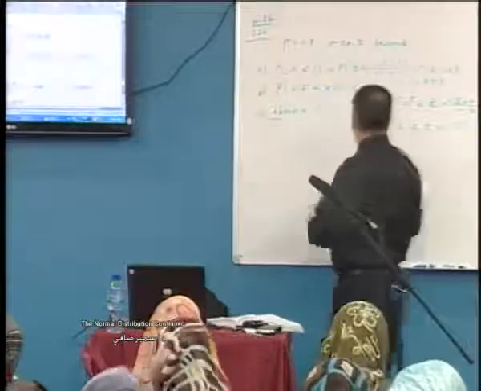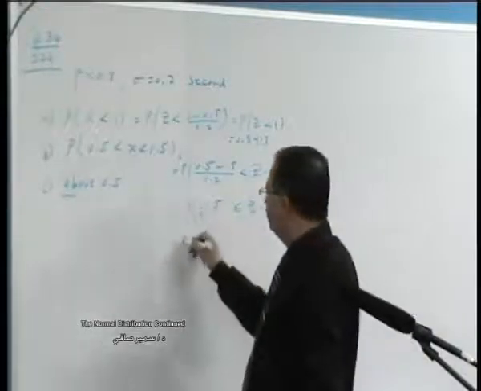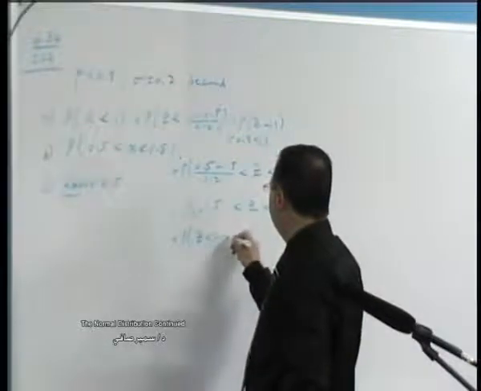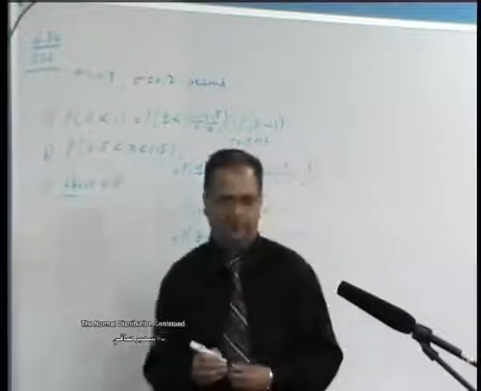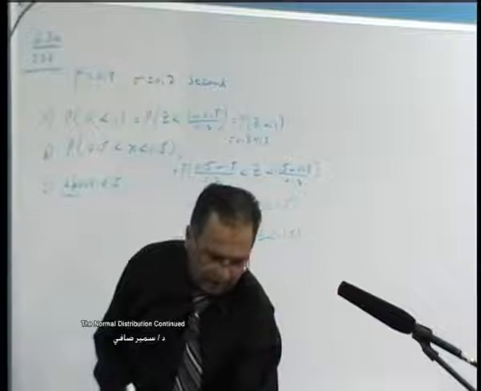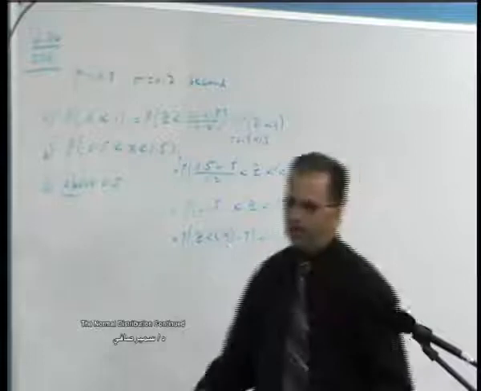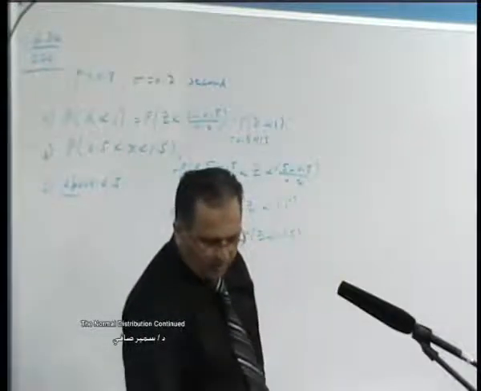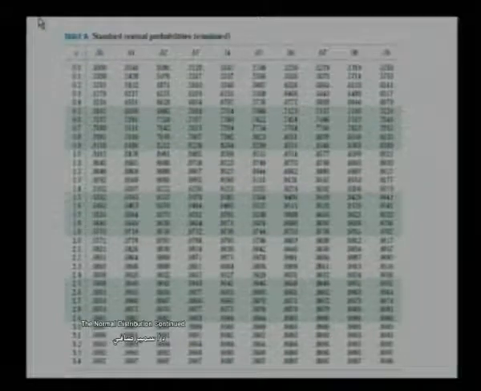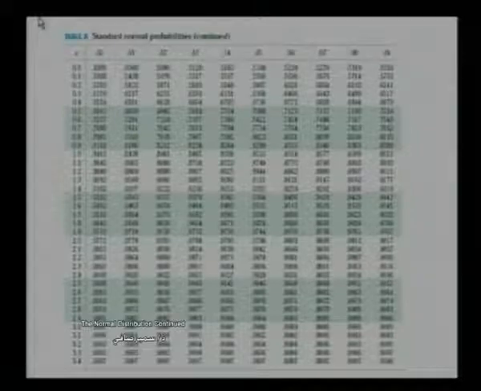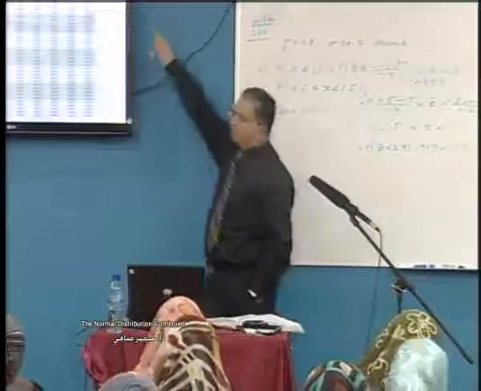Now, for this kind of probability, we have to find the probability of z smaller than 3.5 minus z smaller than negative 1.5. If we go back to the table, for 3.5, the table I have has a maximum z value of 3.4 and up to 9.